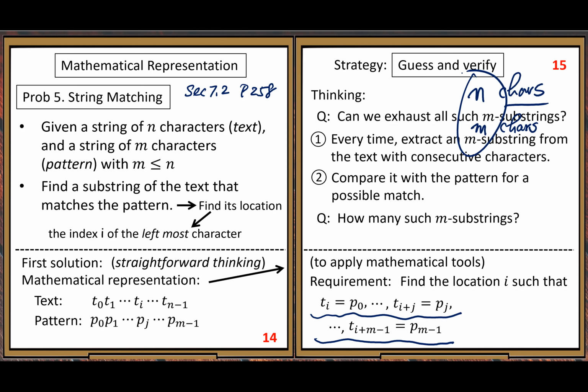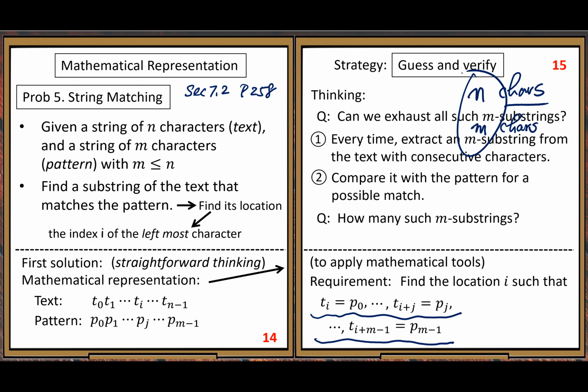Quite natural, because the pattern has length M, but when we reach the end there is a long tail like that, so we need to subtract that tail. It's the natural guess.